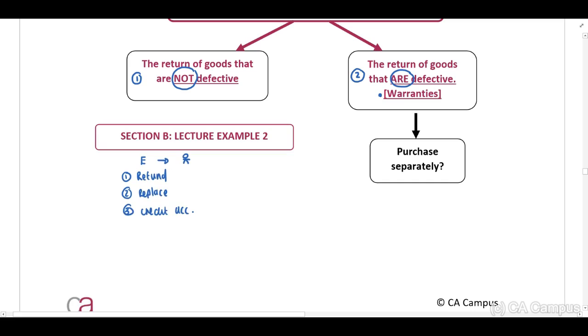Now guys, it is important that you then know that if there is such an example, you will have to recognize revenue from this transaction, you will have to recognize a refund liability, and important, your cost of sales and your inventory account, and now the additional right of return asset account.